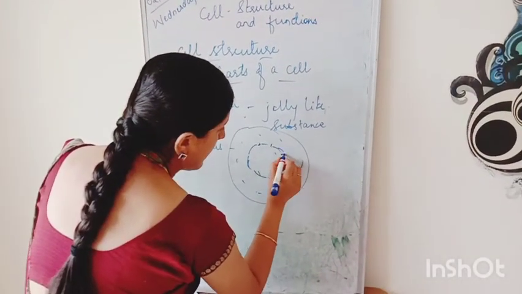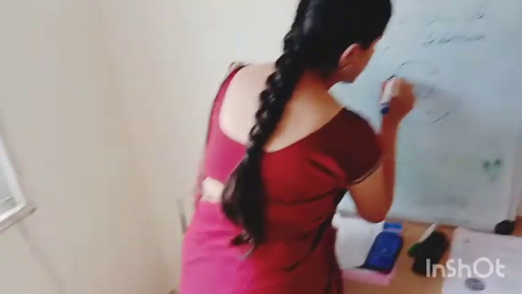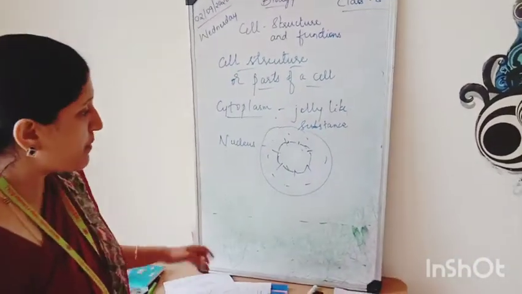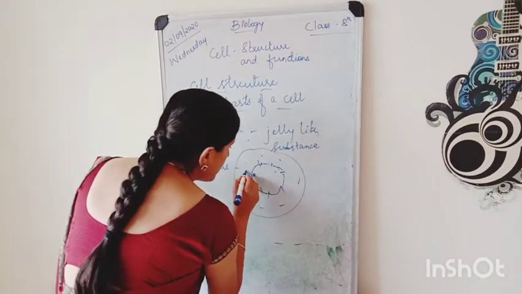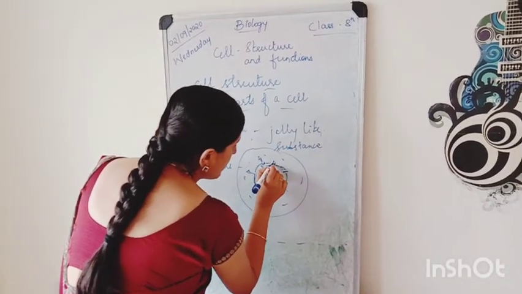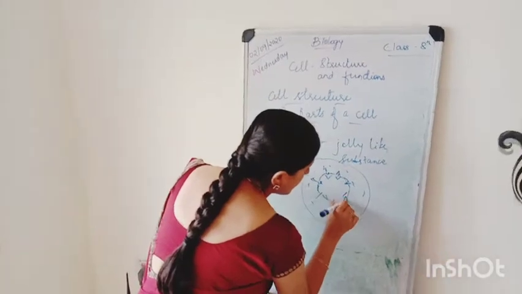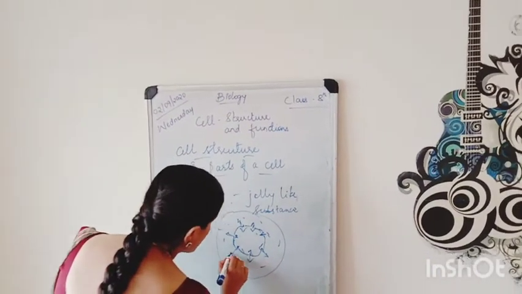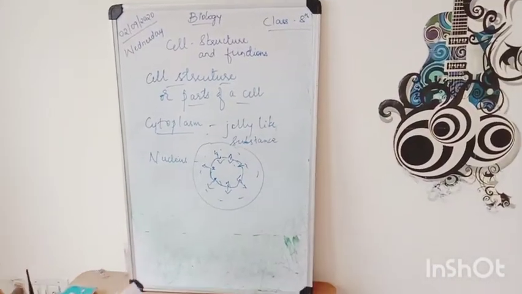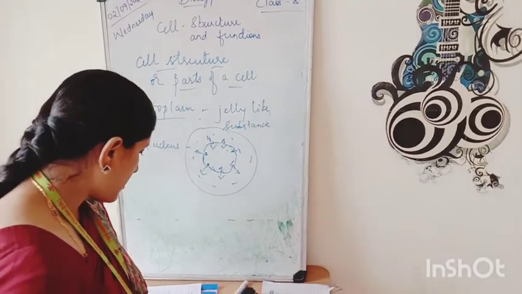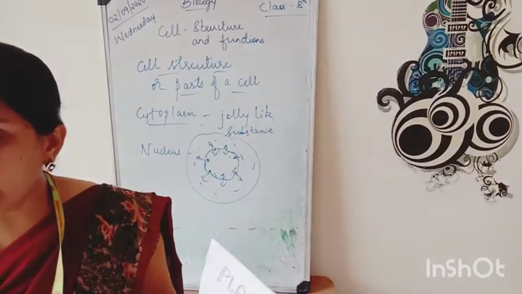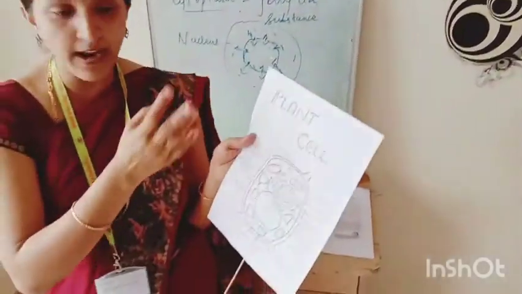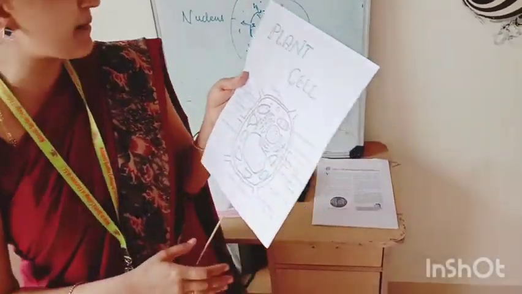That means it can allow certain things to pass out to the cytoplasm, and it also allows certain things to get inside the nucleus. So transfer occurs both ways in case of nucleus. The nuclear membrane is the one providing movement of particular substances in and out of the nucleus.